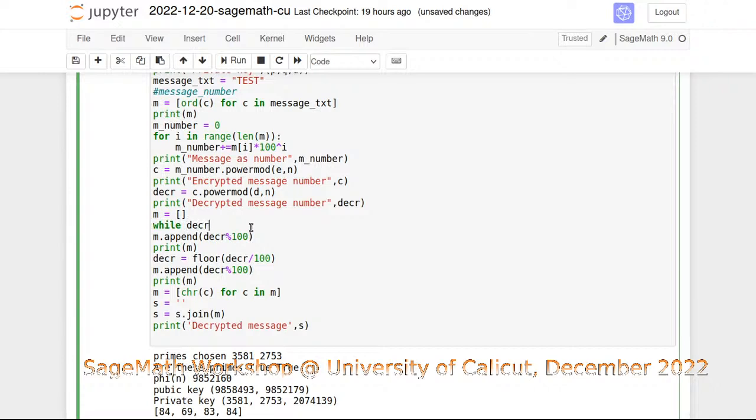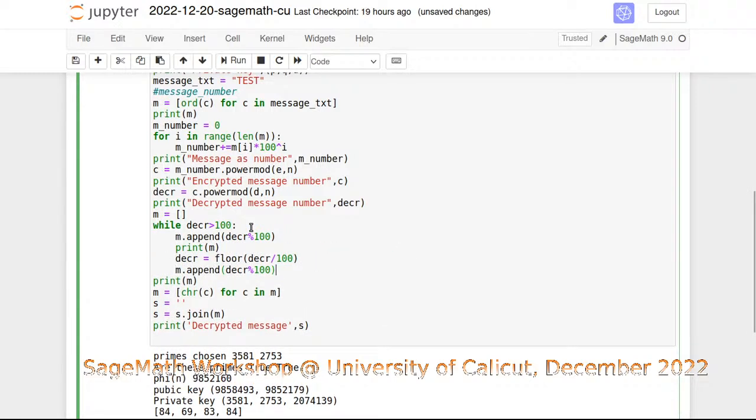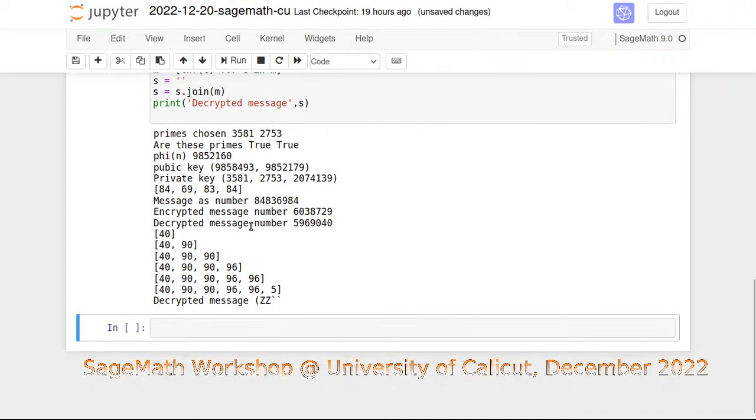While greater than 100, is this going to work? Z is it. What's the problem here?